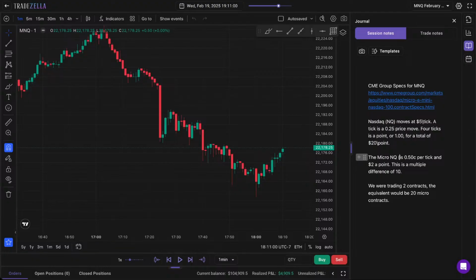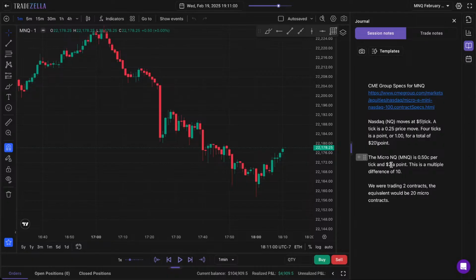I had it at $5. My brain was not braining, and I didn't catch it till episode 13, and then we're correcting it here now. The Micro NQ is 50 cents per tick and $2 a point. So this is why I said it was a multiple of 10, because it's $2 a point here, $20 a point in Nasdaq.